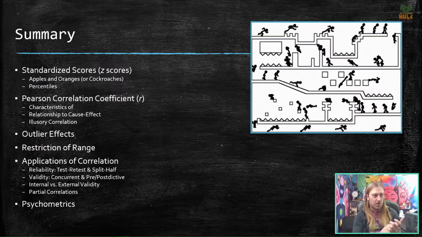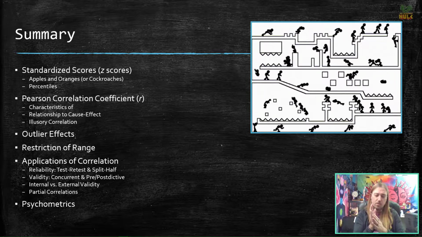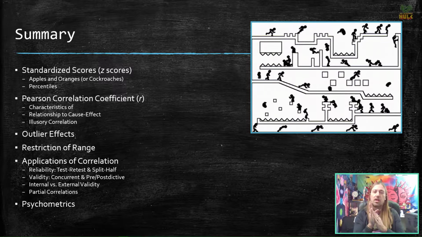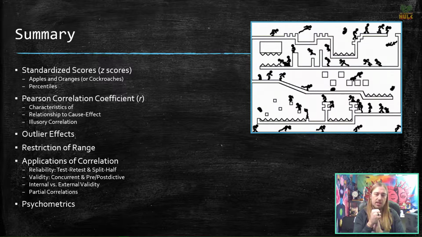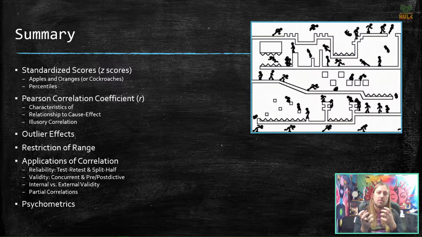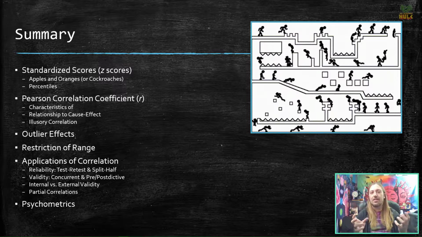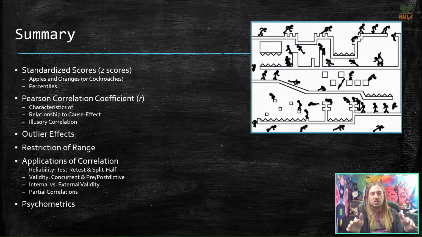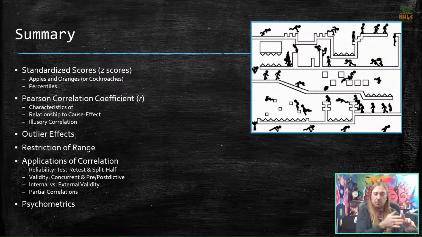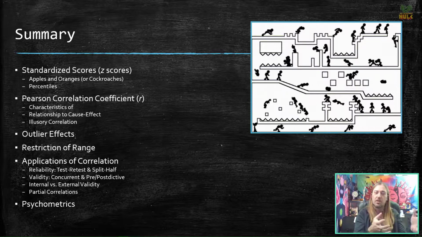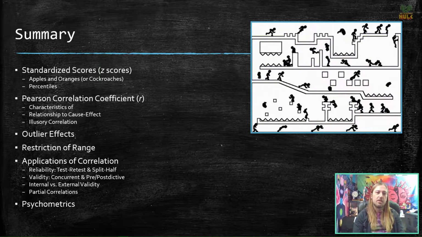I'll get off my high horse about psychometrics, but we covered a lot in these four videos. We talked first about standardized scores. These Z-scores allow us to compare apples to oranges or to cockroaches. We talked about how easy it is to then look at the position of a Z-score in the normal distribution and then determine the percentile, because we have that table that tells us where all those numbers line up.